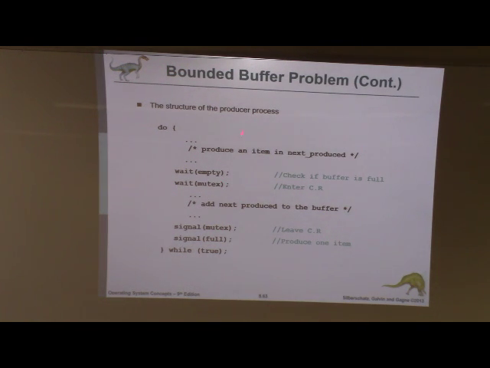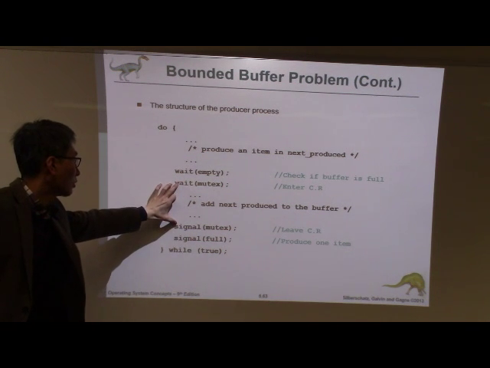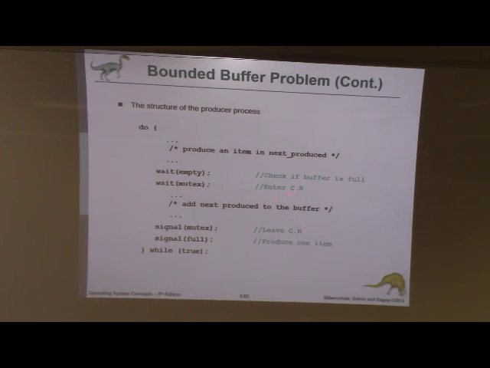If the producer gets both the empty semaphore and the mutex lock, then it finally produces the data in the buffer. Once it is done, it releases the mutex lock, leaving the critical section, sometimes called the critical region.